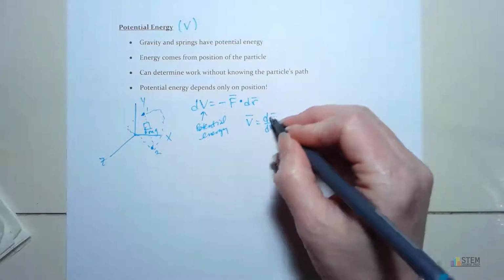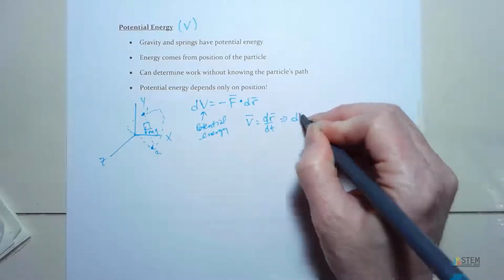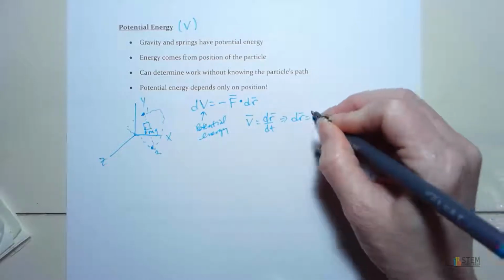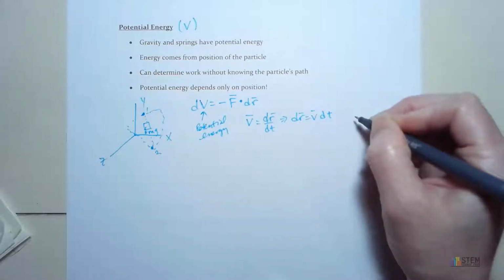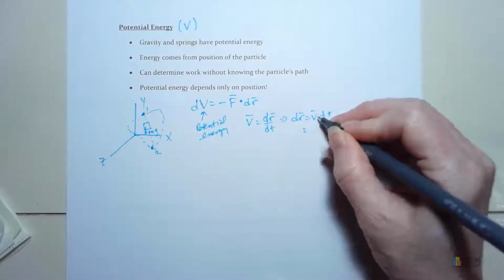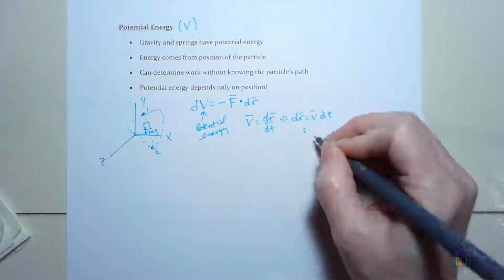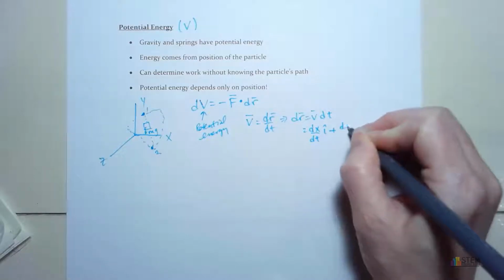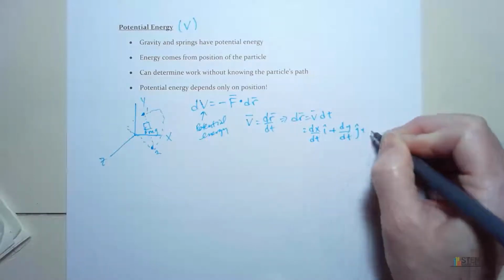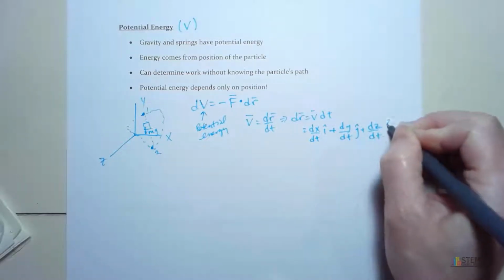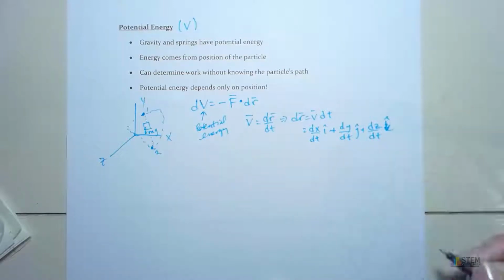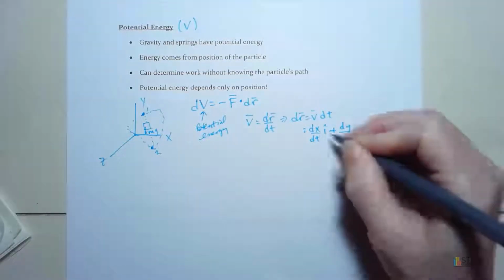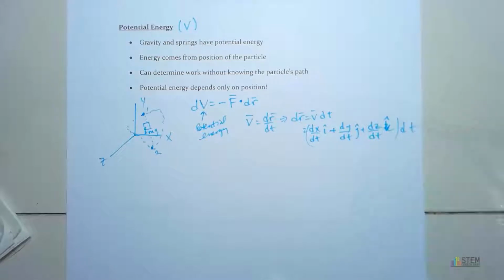Now I'm going to solve this for dr. So dr is going to equal the velocity vector times dt. Well, I can rewrite this velocity vector as dx/dt i plus dy/dt j plus dz/dt k, and then multiply that by dt.